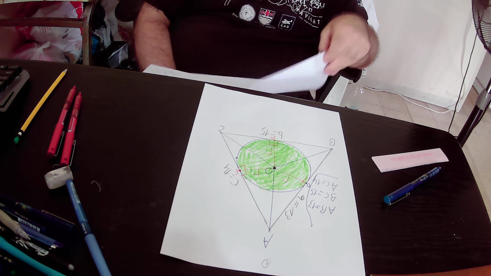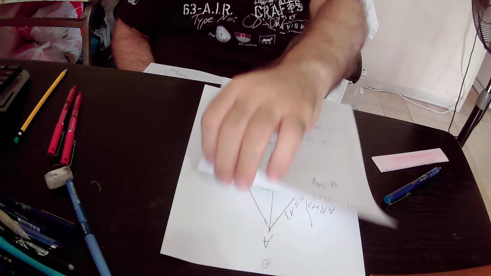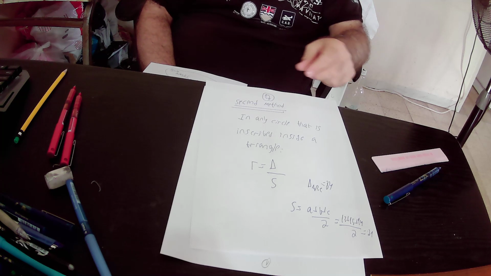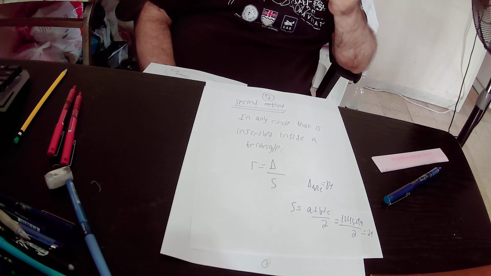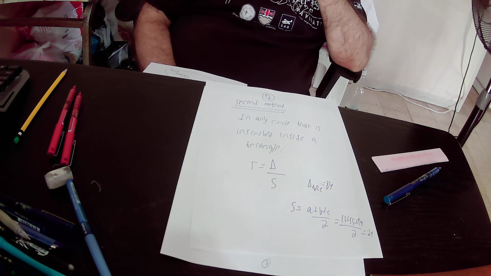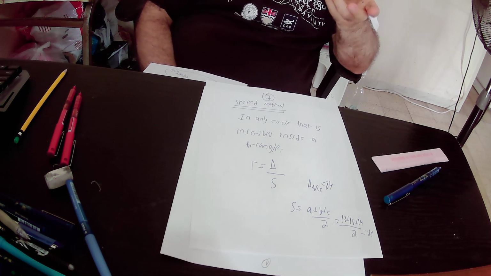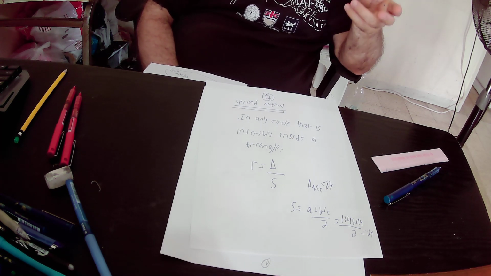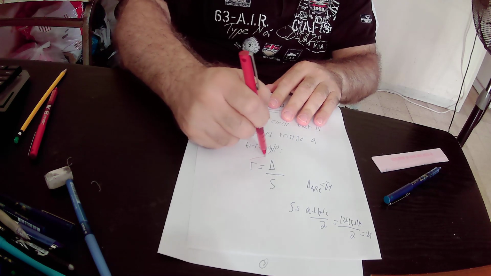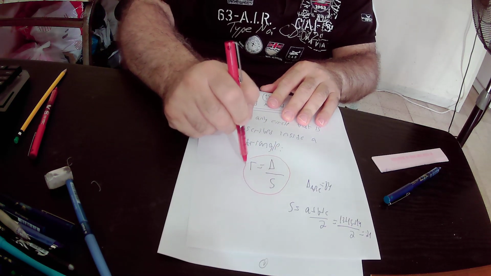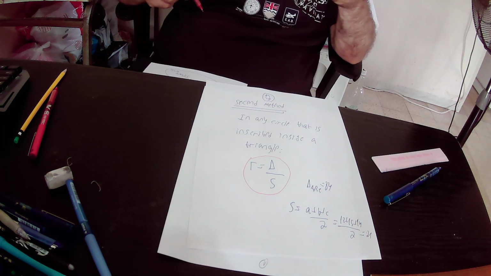Now I presented the second way to find out the radius of the green circle. Actually, in any circle that is inscribed inside a triangle, we have this formula to find out the radius.